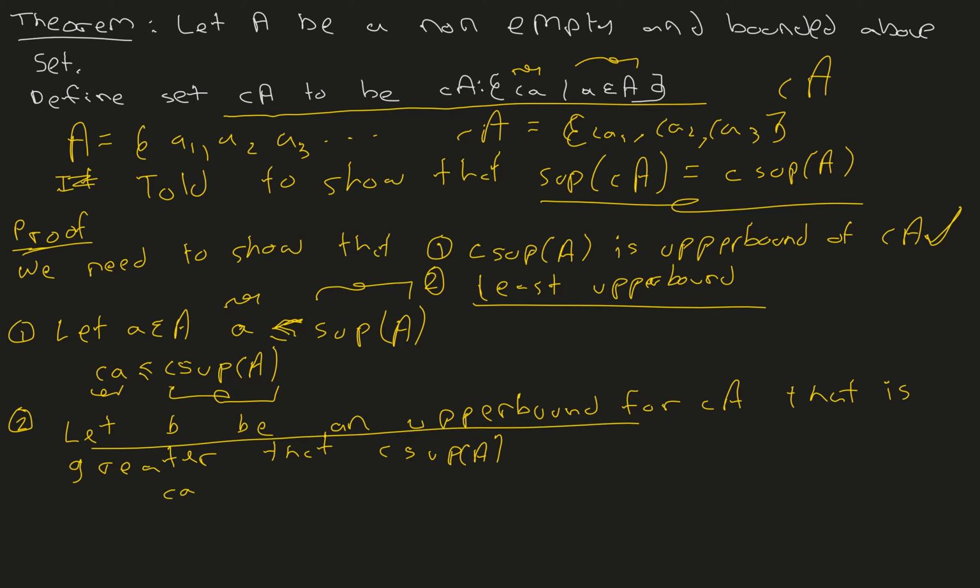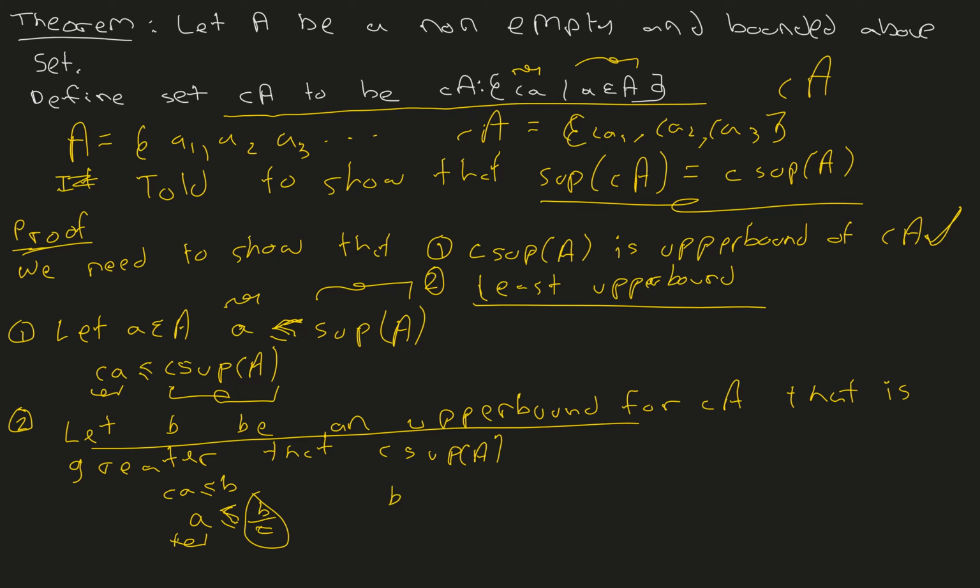So ca is less than or equal to B. Since B is the upper bound, ca is less than or equal to B. So we get a is less than or equal to B over C. Now we get that B over C is an upper bound for the set A, because it's greater than or equal to all the elements a.